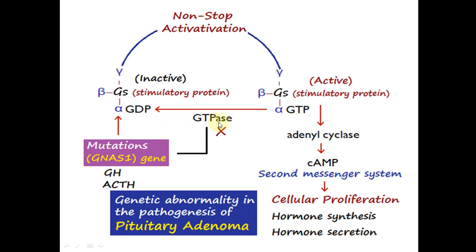So what happens when GTP is not converted into GDP? The active protein is not converted into its inactive form, and it remains continually stimulated. This constitutive and continual stimulation of the active protein will cause continued stimulation of the second messenger system, and there will be abnormal uncontrolled cellular proliferation that will lead to pituitary adenoma.